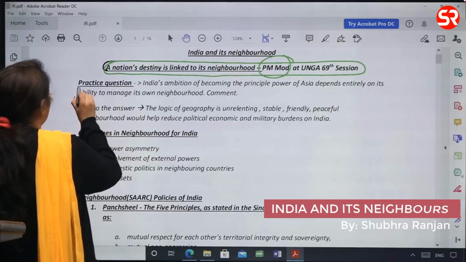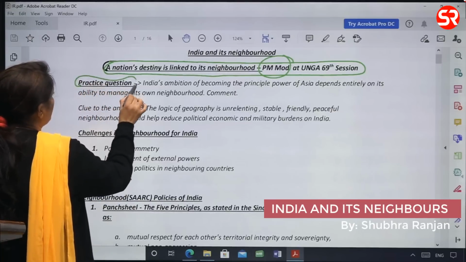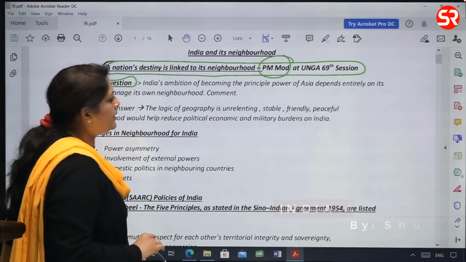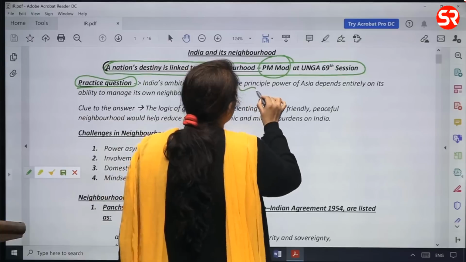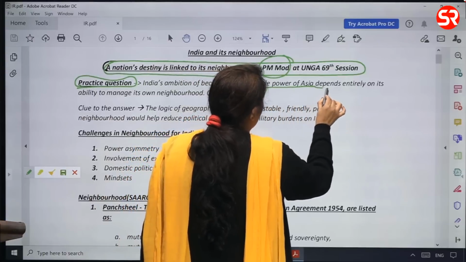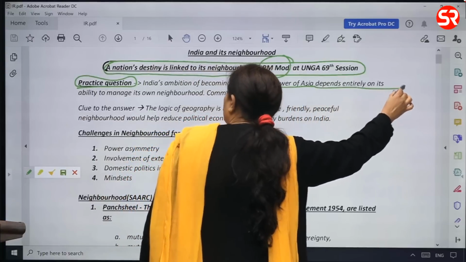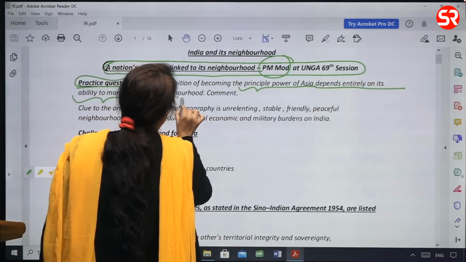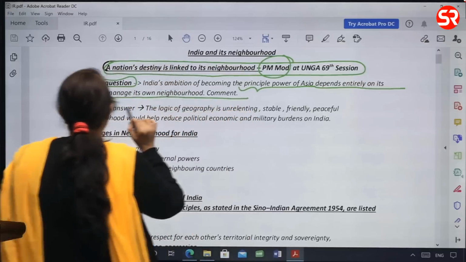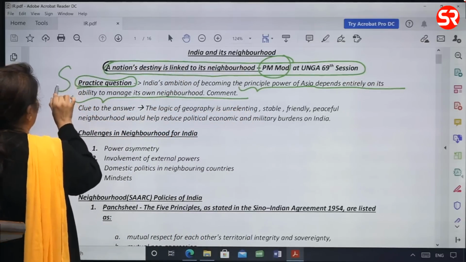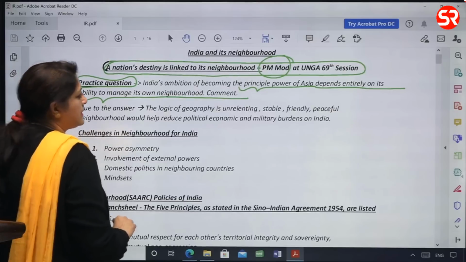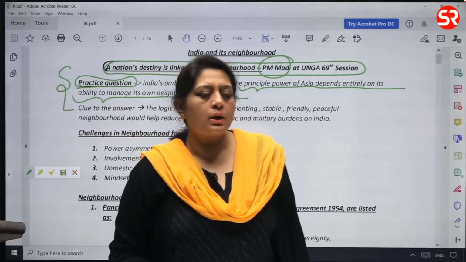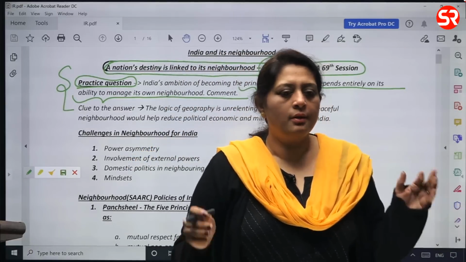Now, this is one practice question I will deal with. India's ambition of becoming the principal power of Asia depends entirely on its ability to manage its own neighborhood. So, I have just discussed the importance of the neighborhood. Fine.